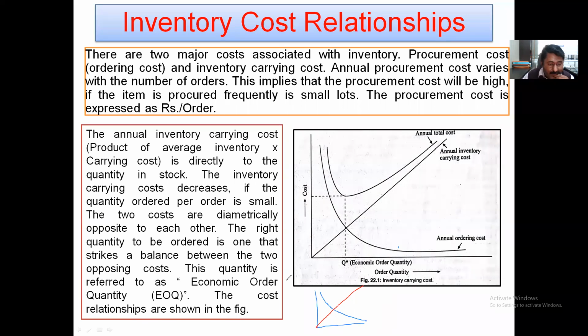The right quantity to be ordered is the one that strikes a balance between these two opposite costs. One is decreasing, one is increasing, so there should be a balance between these two costs, and this balance is referred to as the EOQ, economic order quantity. The relationship is shown. This is a very important concept.